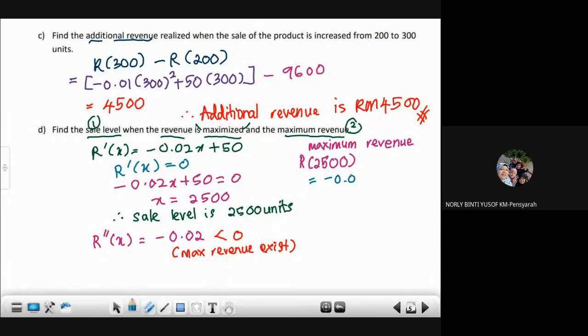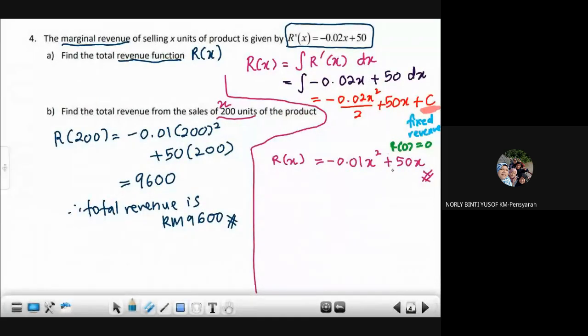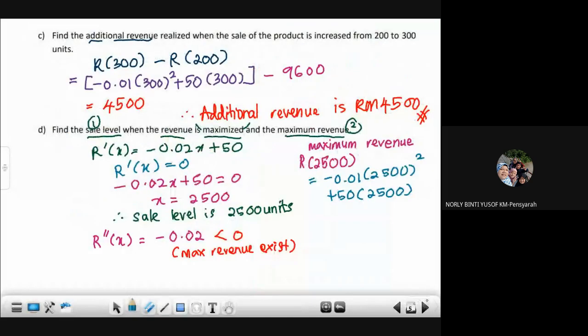So 0.01, 2,500 squared plus 50, 2,500. Sebab you punya RX yang you dapat dekat A, this one lah Rx function. So kita masukkan, so kita akan dapatlah nilai, the value is 62,500.